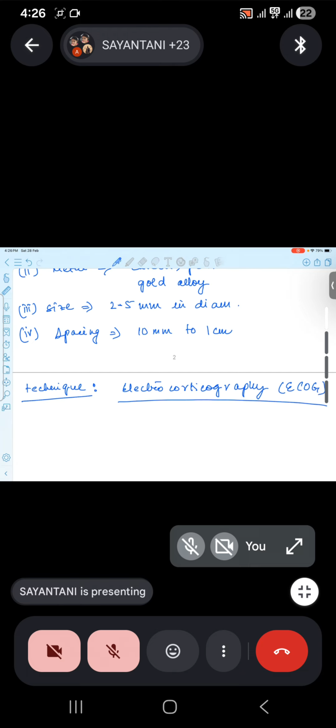Okay. So this partially invasive method is referred to as electrocorticography. All right. So I would say electrocorticography is the most popular partially invasive technique.